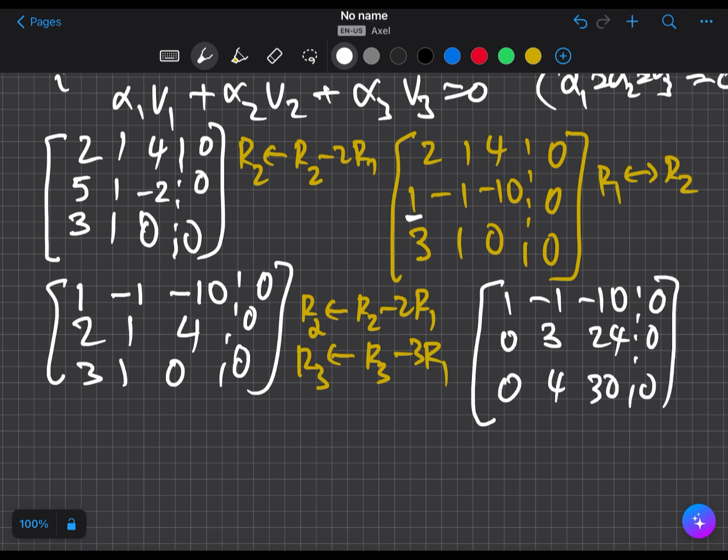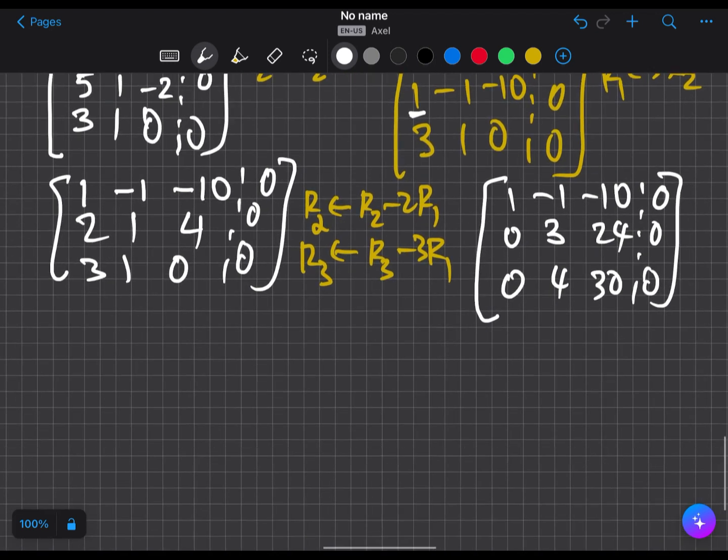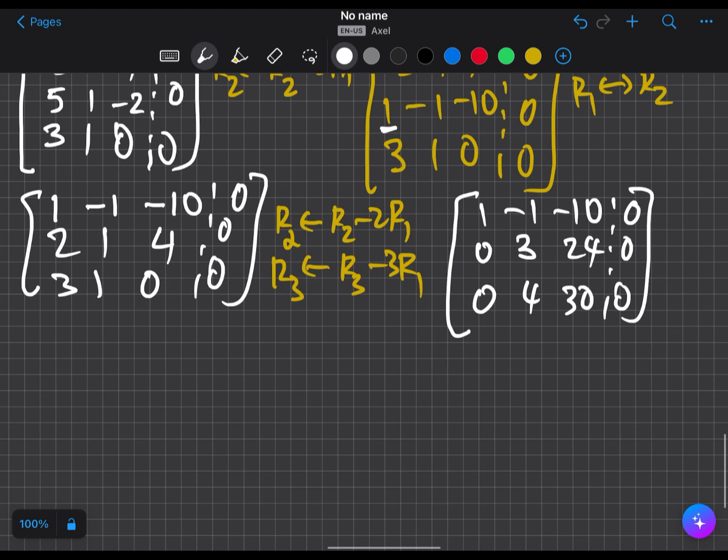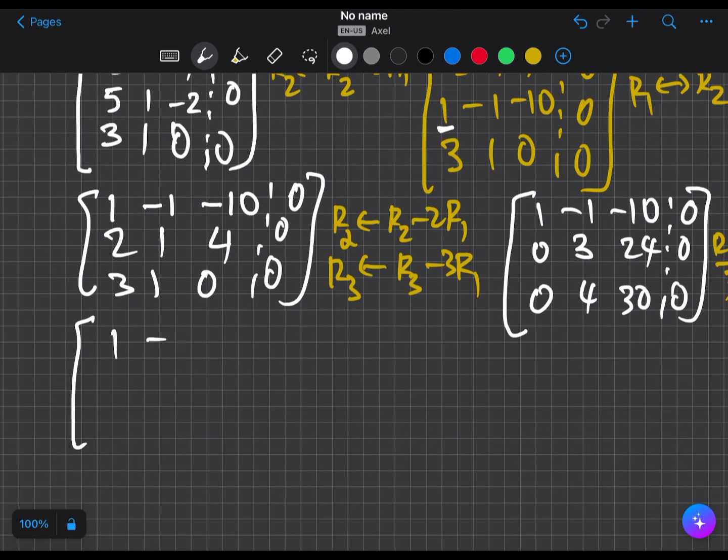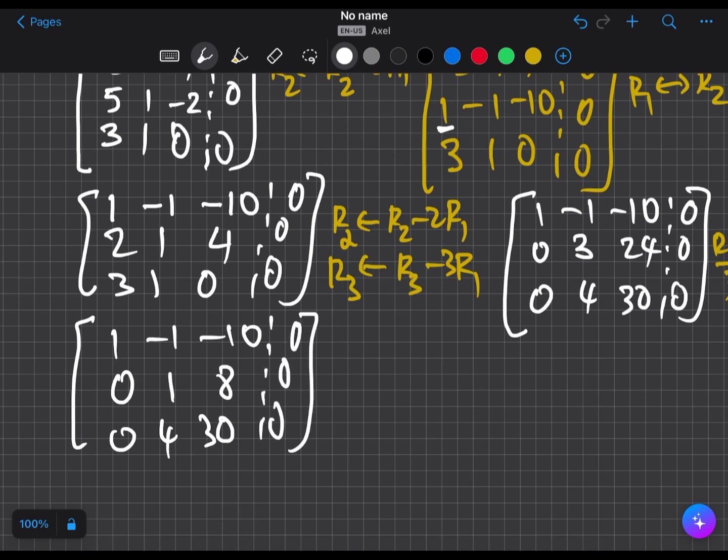And 0, 0, 0. So I can divide the second row by 3. So this will give me R2 divided by 3, so I will be coming to 1, -1, -10, 0, 1, 8, and then I will have 0, 4, 30, which is 0, 0, 0 over here.